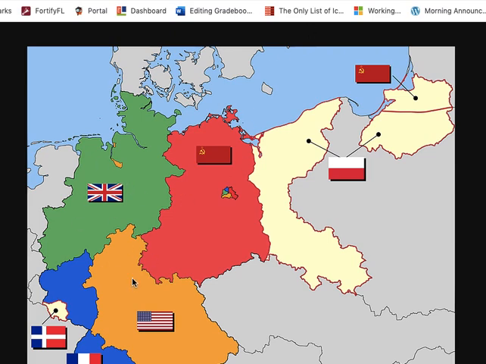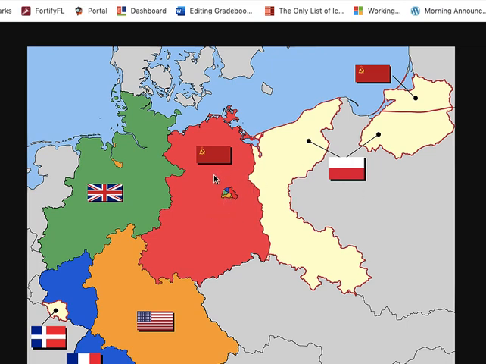So here is a map of Germany. So you've got the Soviet zone here in red, the British zone in green, the American zone here in orange, and the French zone over here. We can also see pieces of Germany that were taken away to give back to Poland. But you can also note that Berlin is divided in the same way as Germany. So there's a little Soviet zone, American zone, British zone, and French zone.